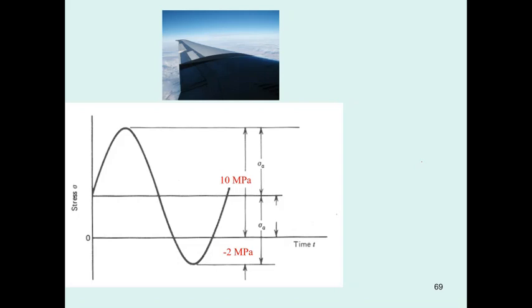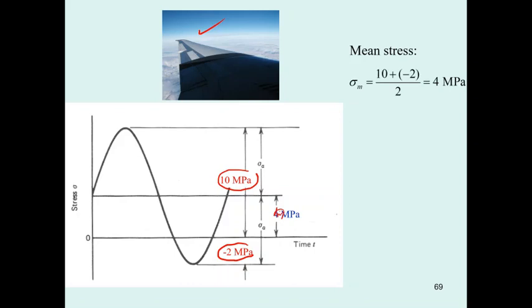If we consider an example, let's check the wing of the airplane when it's subjected to the wind during flying. When we have sigma max of 10 and sigma min of -2, we can determine sigma m. Sigma m is going to be what? 10 plus -2 is 8, divided by 2, so it's going to be 4 megapascal here.